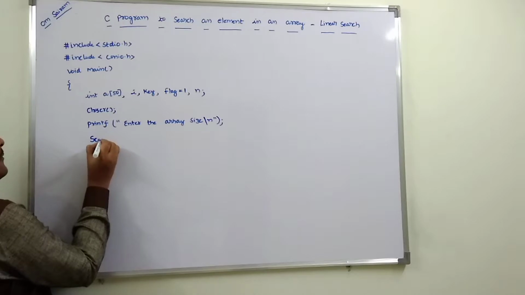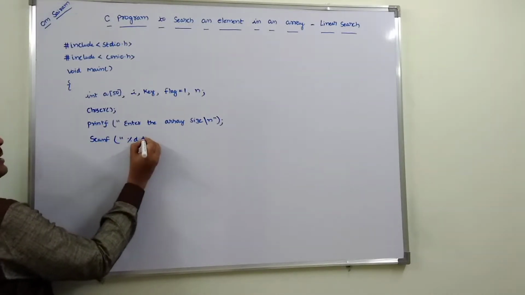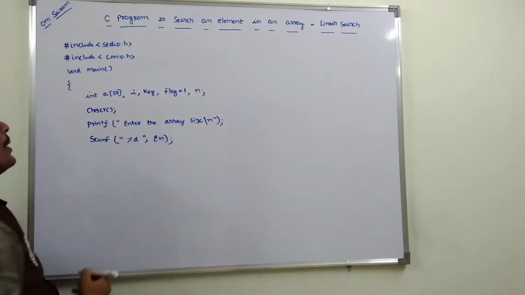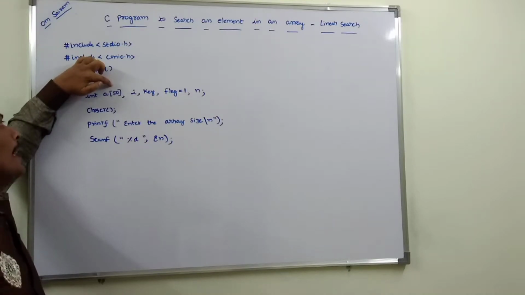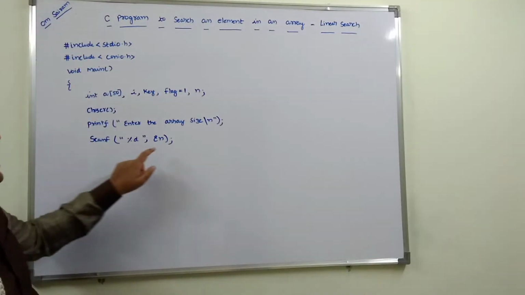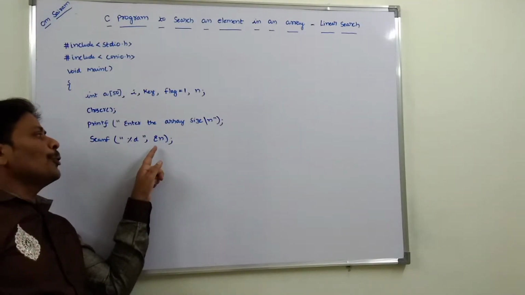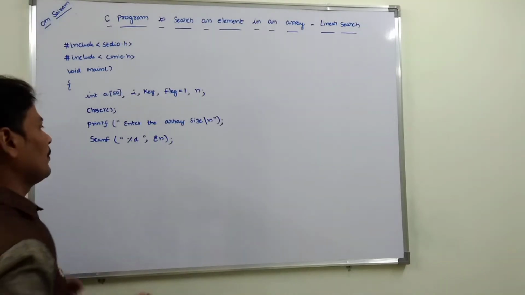So scanf, "%d", ampersand n. Now we have taken an array with size 50, but within this 50 we can take whatever size we want. That size is indicated by the value of n, which is read from the keyboard.